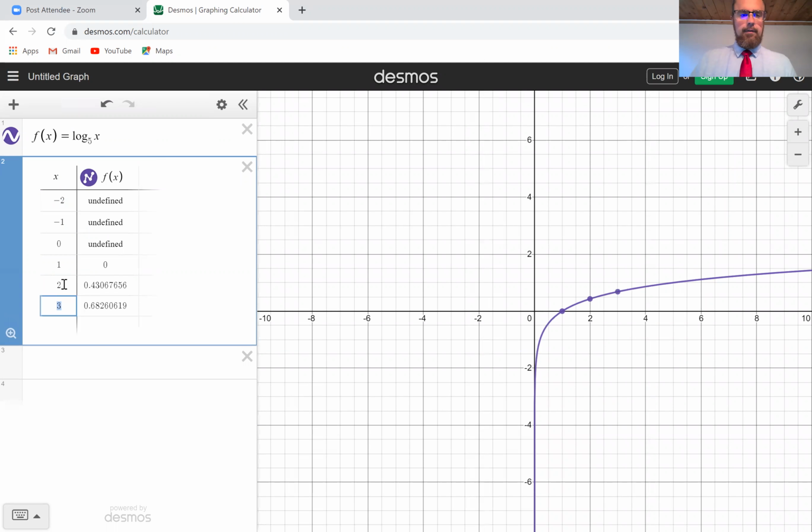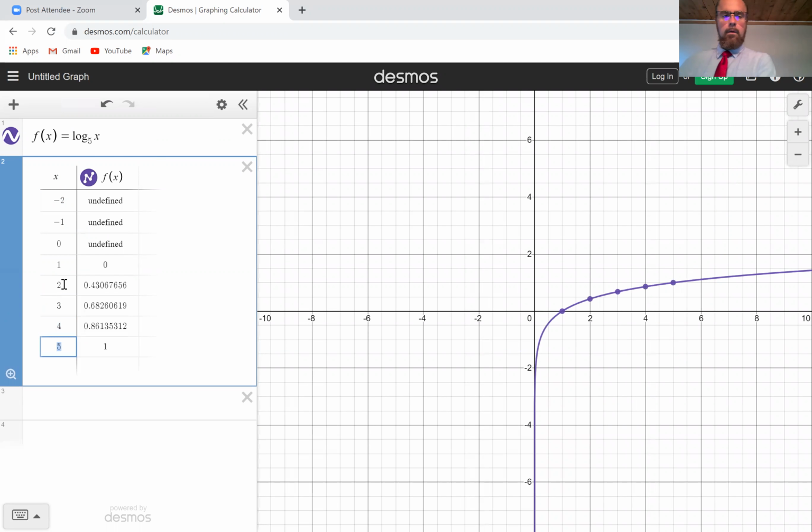And then let's evaluate also at 3, 4, 5. So at 3, again, you see the irrational nature of logarithmic output, 0.68. 4 is 0.86. And 5 has the output of 1, because 5 to the first power equals 5.